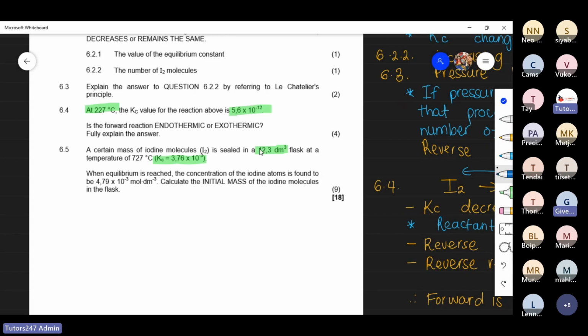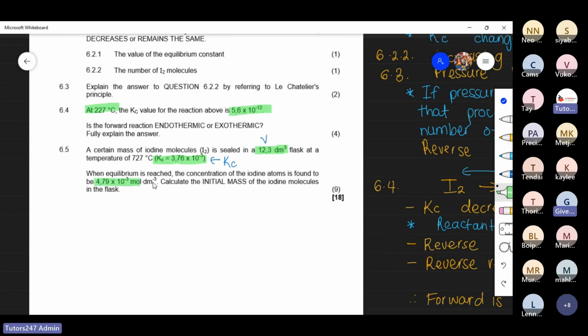Decameters cubed, what unit of measurement is that? That is volume. Remember, anything cubed is volume, anything squared is area. So this is our volume. This is our Kc. So we now have volume and we now have Kc. If we continue to read, when equilibrium is reached, the concentration of the iodine atoms is found to be 4.79 times 10 to the power negative 3 moles per decameter cubed.